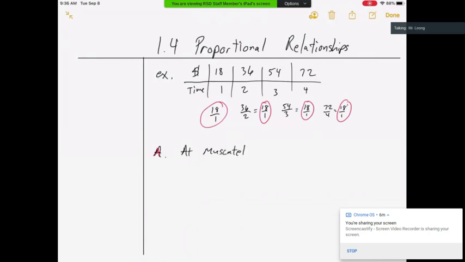At Muscatel, there are 2 teachers for every 56 students. Is this a proportional relationship?